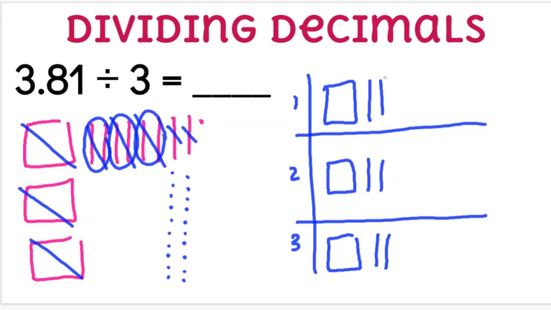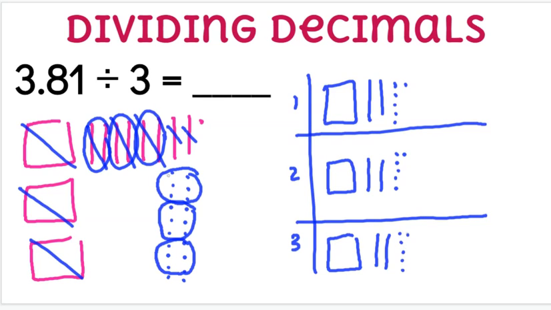So now I could probably do, let's say, 6, 6, and 6. 1, 2, 3, 4, 5, 6. 1, 2, 3, 4, 5, 6. 1, 2, 3, 4, 5, 6 hundredths. I've used all of those, and now I actually just have 3 hundredths left, so I can put 1 in each.